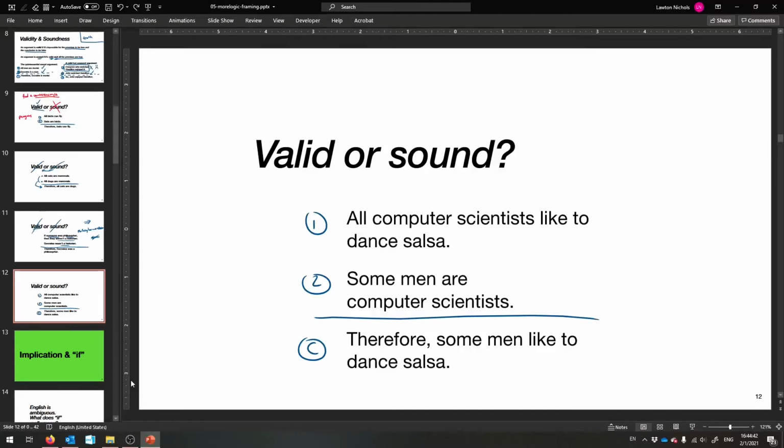So this is saying, if you're a computer scientist, CSCI implies you like salsa. So if you tell me you're a computer scientist, then I can tell you that you like salsa is the idea. Some men are computer scientists. So like, if you're a man, then sometimes you're a computer scientist.